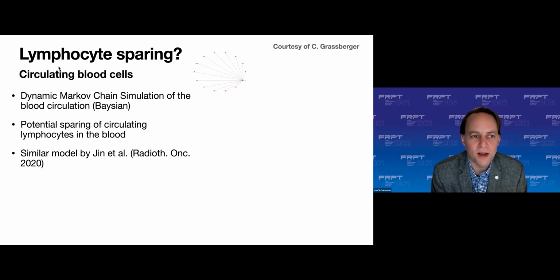It's the lymphocyte sparing, where we're looking at circulating blood. This is a kind of Markov chain model, a very simple one for a mouse. In a human, we have a slightly more complex model, but it basically is all different organs of a mouse, and the heart, and the blood typically flows into the heart and then into different organs.